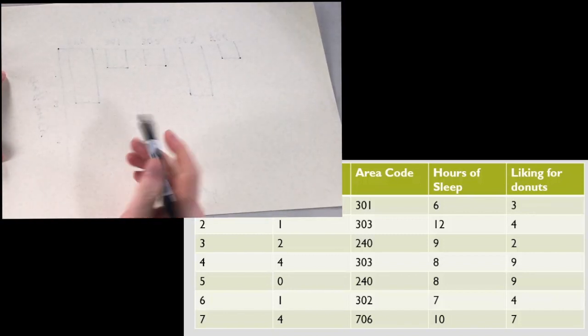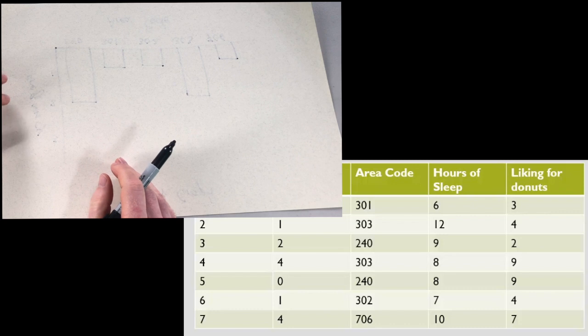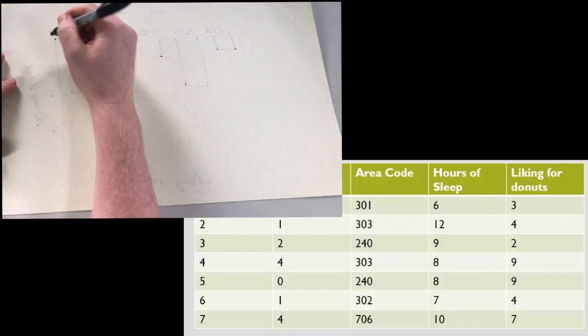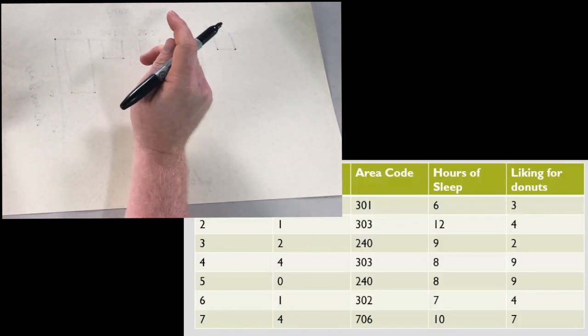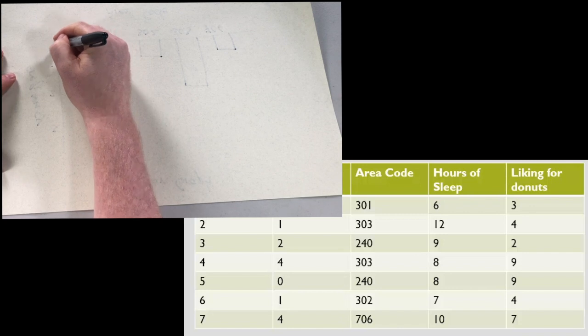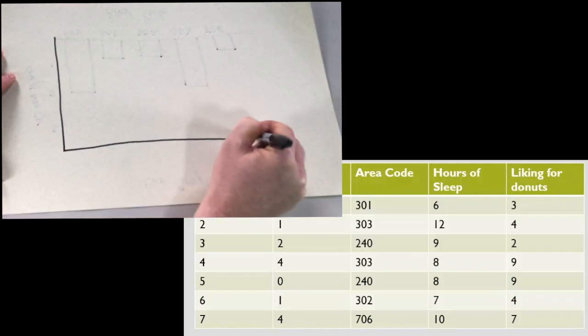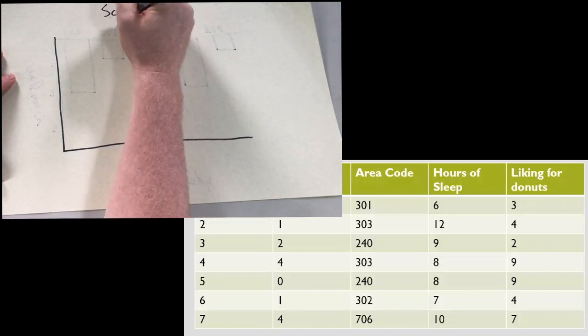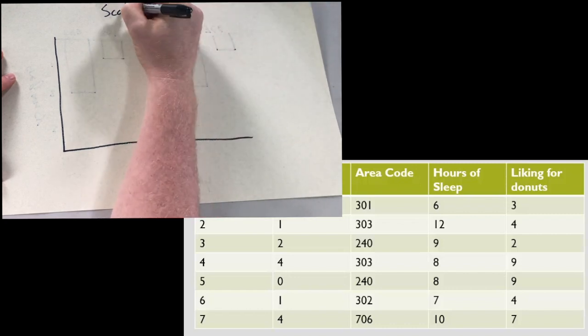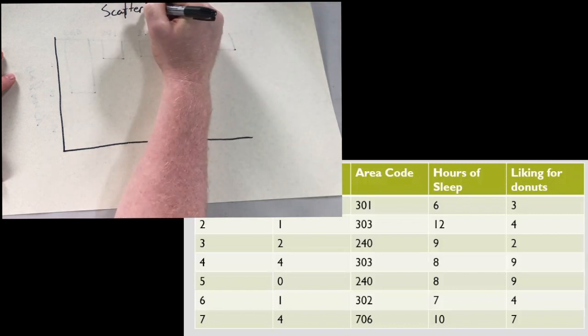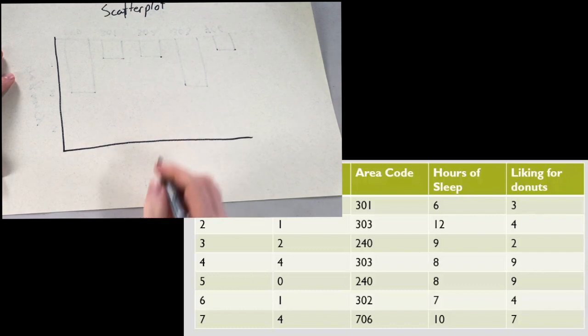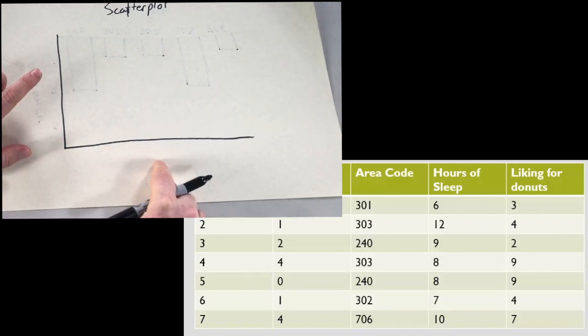Last one we'll do is a scatter plot. Can I use area code in a scatter plot? No, I can't, because scatter plots are for 2 continuous variables.